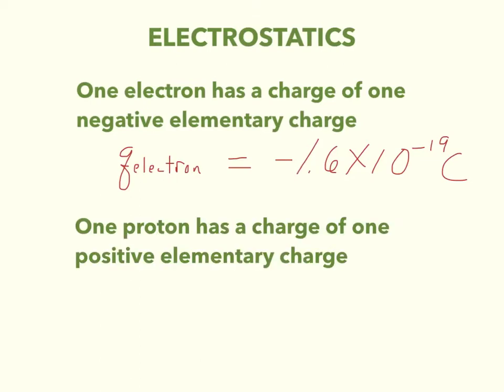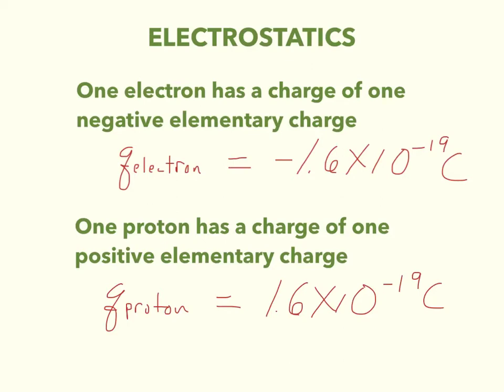Protons carry a charge of one positive elementary charge, so we'd write the charge on a proton equals positive 1.6 times 10 to the negative 19 coulombs. So protons and electrons have the same amount of charge, but one of them is positive, the proton, and the electron is negative.